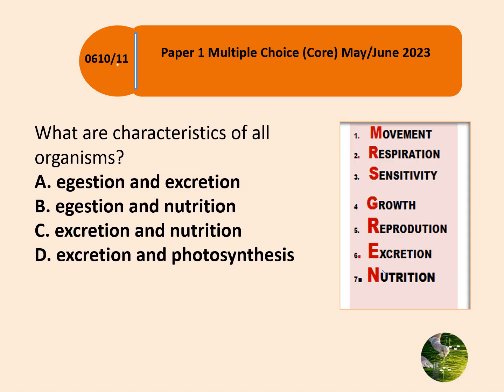Next is again a multiple choice question from May-June 2023. What are characteristics of all organisms? You know the acronym Mrs Gren. So it's very easy to see which ones are given in the options.